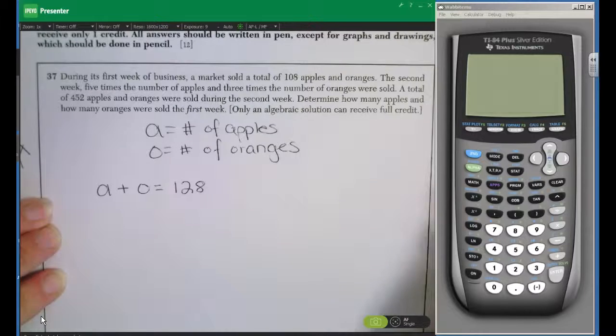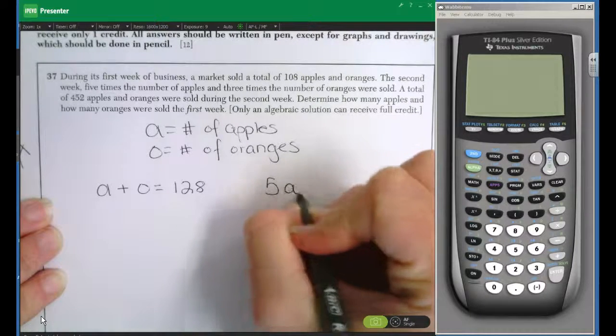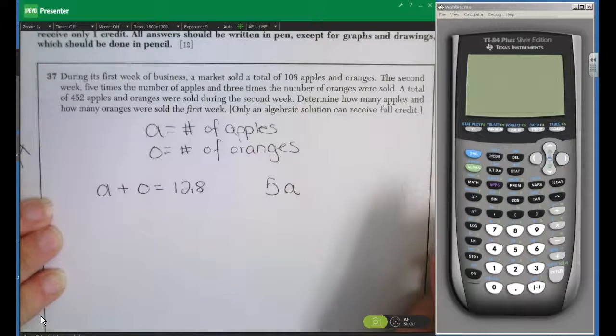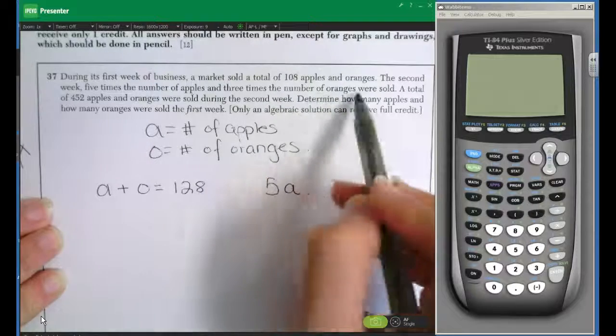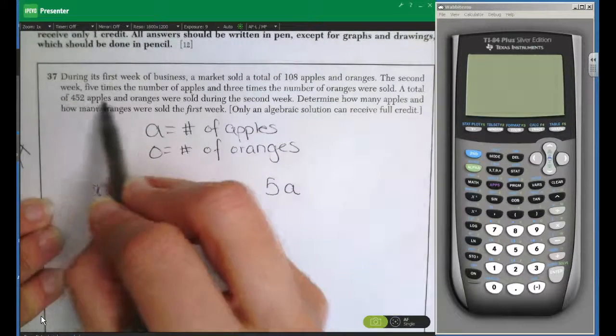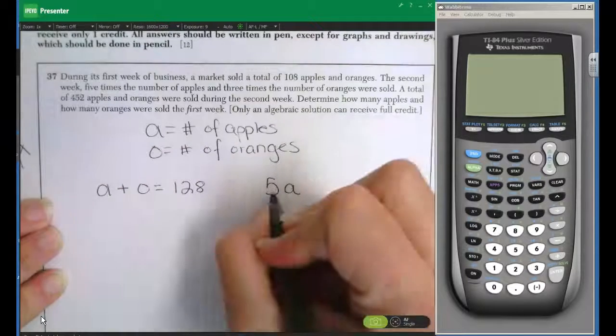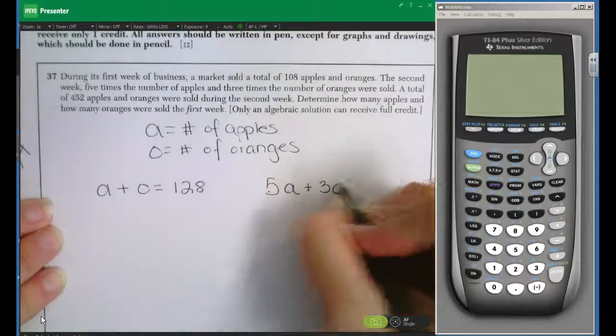The second week, they sold 5 times the number of apples and 3 times the number of oranges, a total of 552 apples and oranges. So 5 times the number of apples plus 3 times the number of oranges.